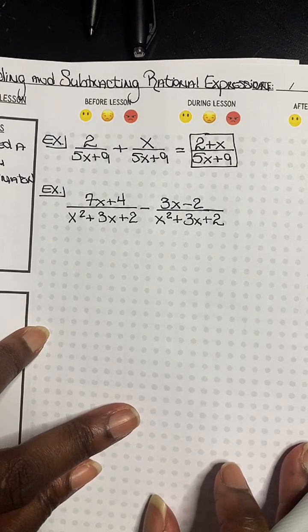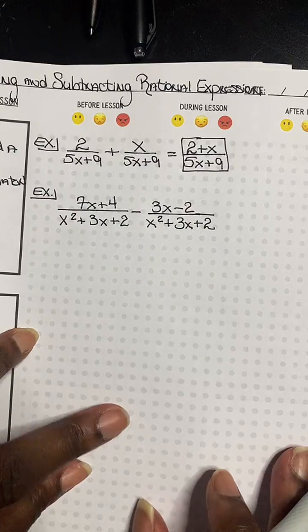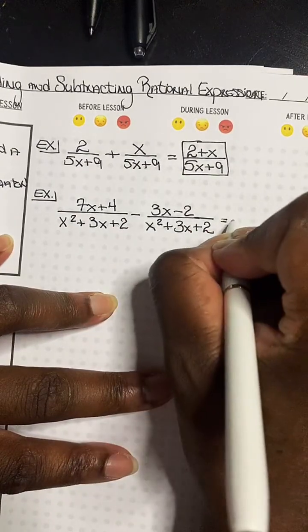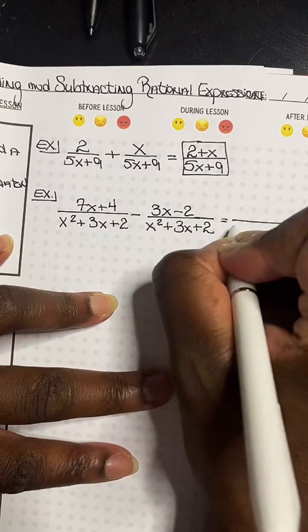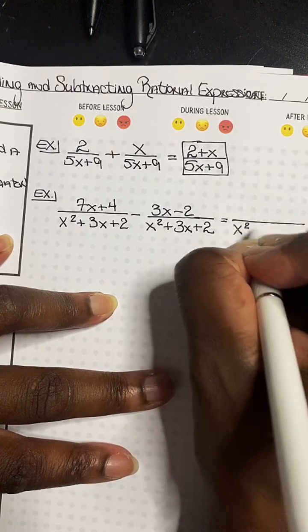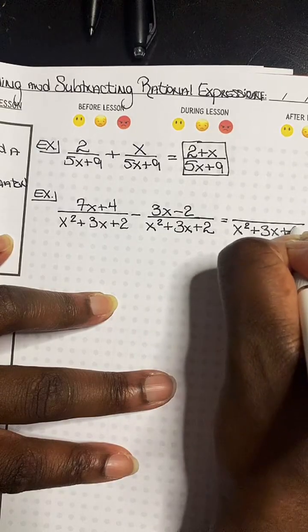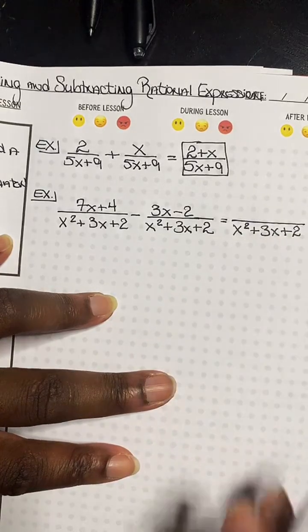Okay, we move the denominator over. Since we have the same denominator, we can do that, x squared plus 3x plus 2. Okay, we can definitely do that.